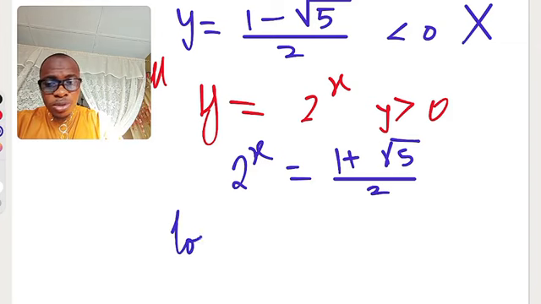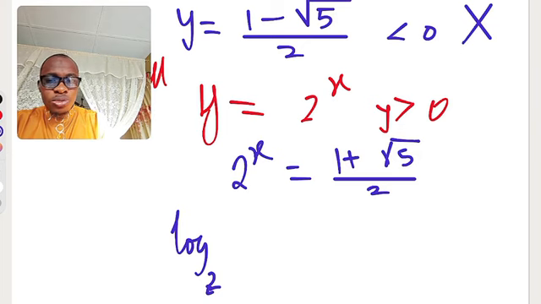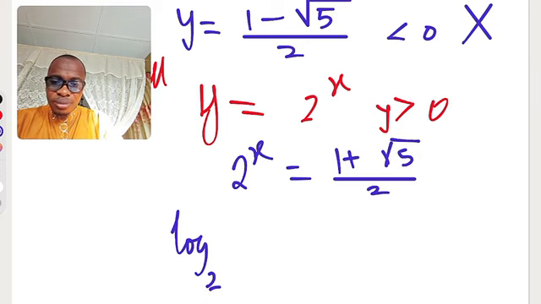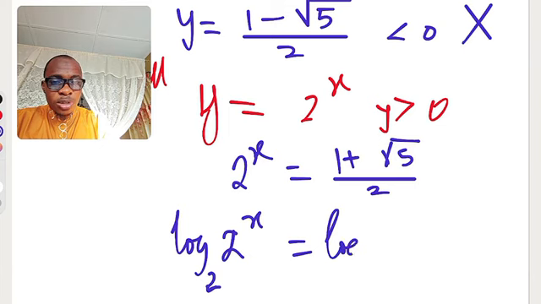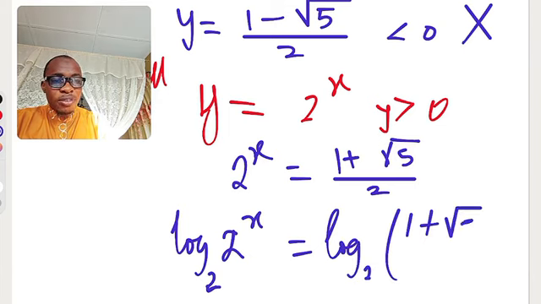So this is what you're going to do. Introduce logarithm with base 2. Then log base 2 of 2 to the power of x equals log base 2 of (1 plus root 5) all over 2.